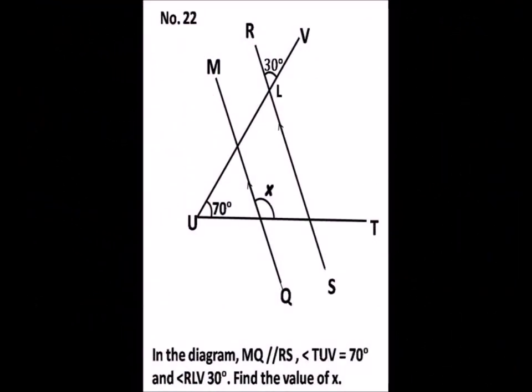Question number 22. In the diagram, line MQ is parallel to line RS. Angle TUV is equal to 70 degrees and angle RLV is equal to 30 degrees. Find the value of x.